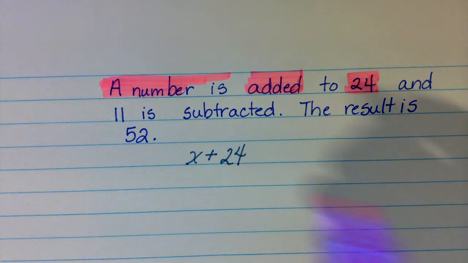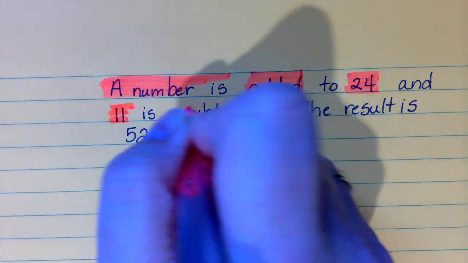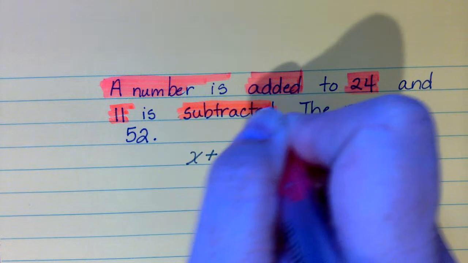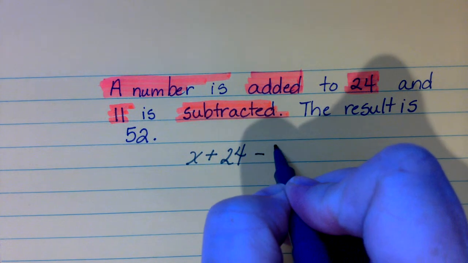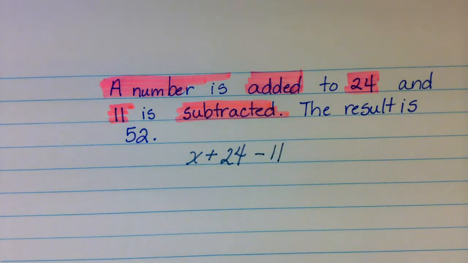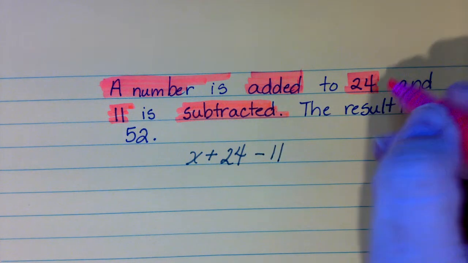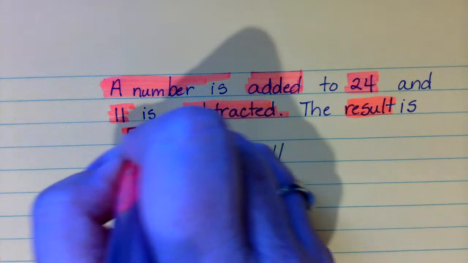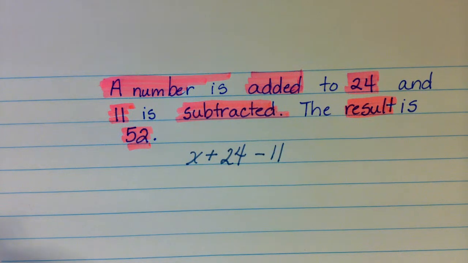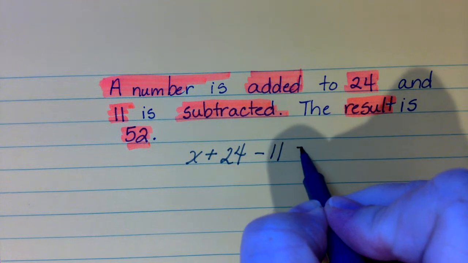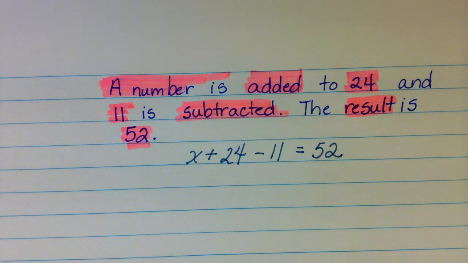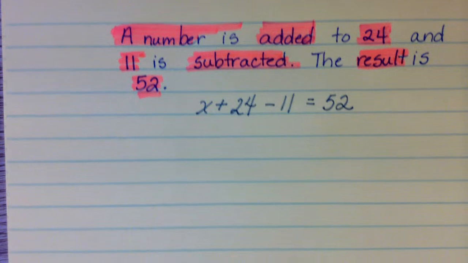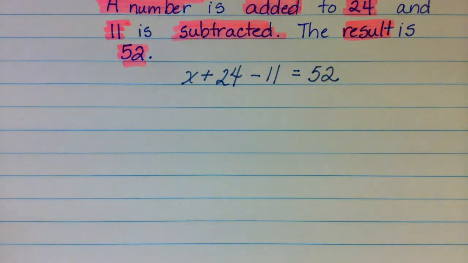Okay. And 11 is subtracted. So that means after we add the 24, we're going to subtract 11. The result is 52. So result meaning it's going to equal 52. Okay? So we can use the words that were given to create a numerical equation with a variable.